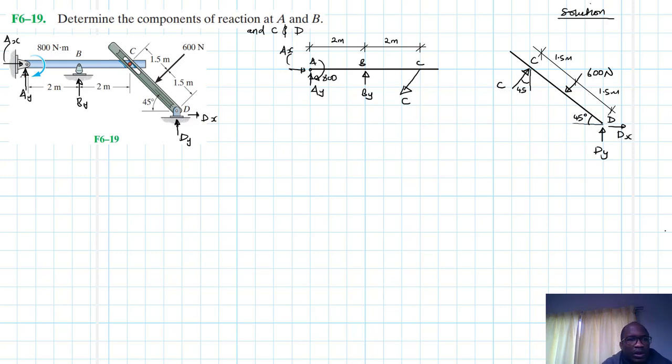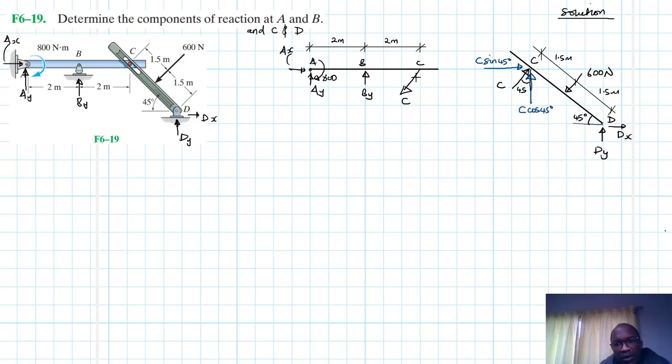So if we know that is 45, we expect a component in that direction that we're going to call C cos 45, and then we'll have another component in that direction that we're going to call C sine 45. But we know that sine 45 and cos 45 are the same, right? Great. And so it is also here.